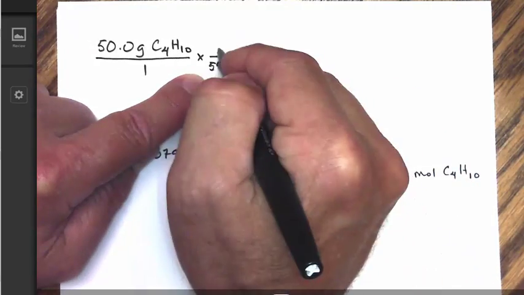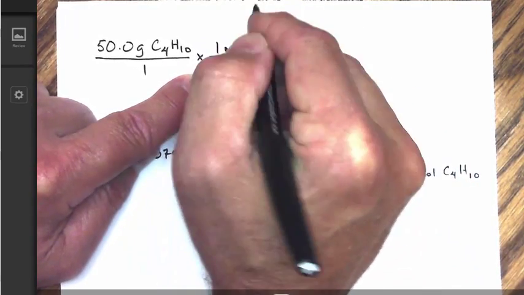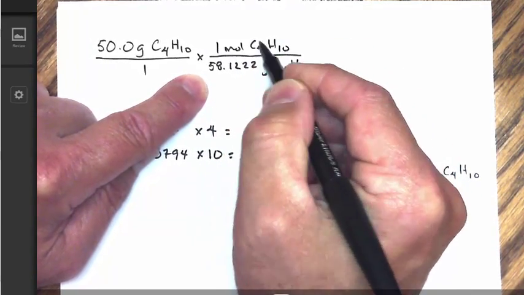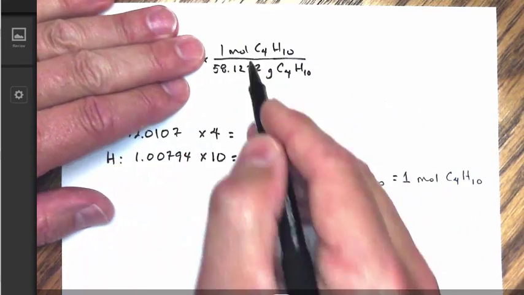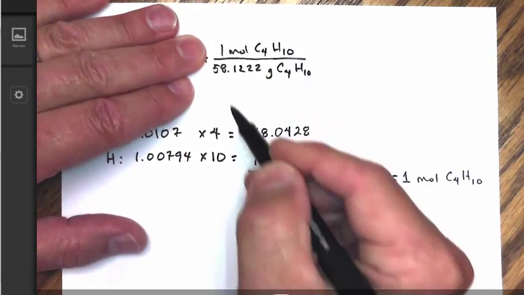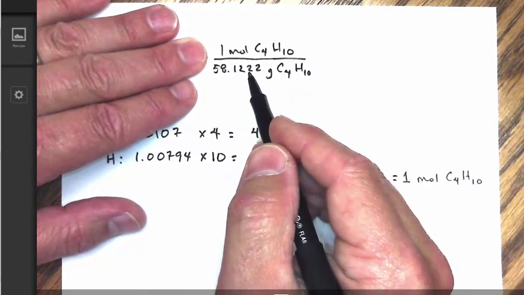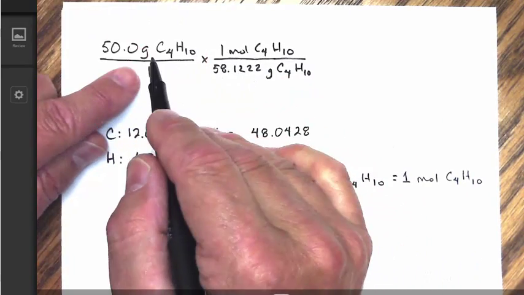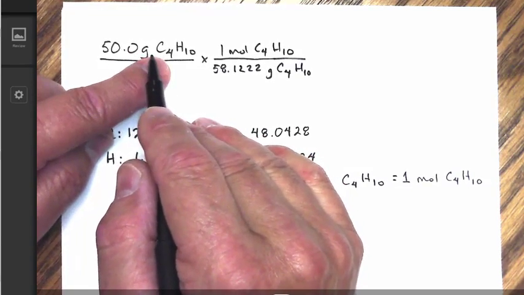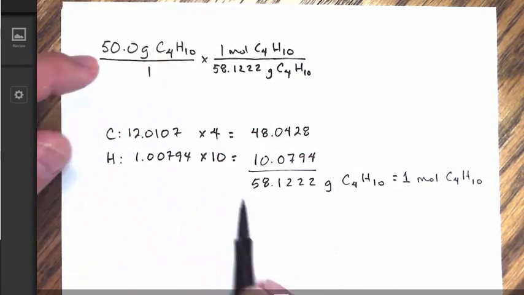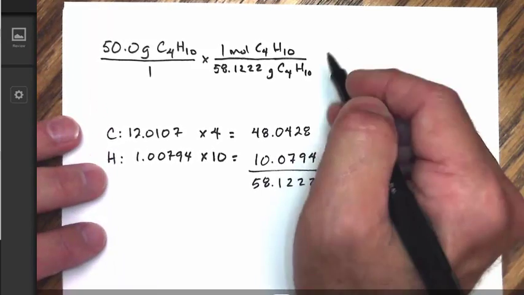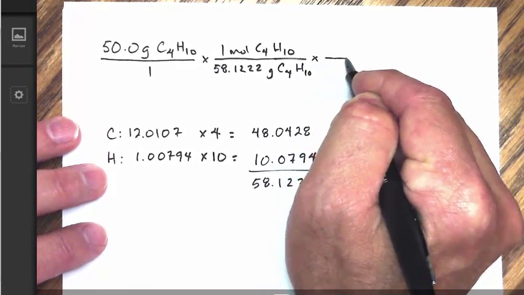On the top, we're going to put 1 mole of C4H10, and this fraction I just built is a conversion unit. Since these two things are equal, this fraction equals 1. When I do the math, we're going to change the way we're measuring this number of grams of butane, but we're not going to change the actual amount, because when you multiply by 1, you get the same thing you started with.